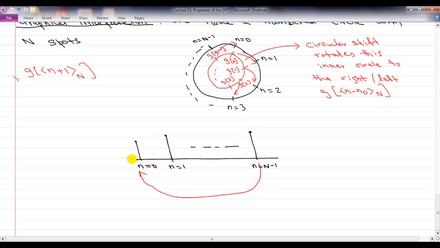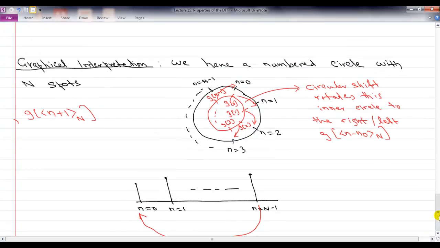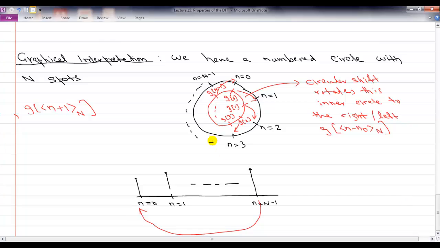Okay? Now, of course, if you were to do this operation counterclockwise, then you will actually connect n equal to 0 to n minus 1. This figure that I have drawn, there is no standard way of doing that.